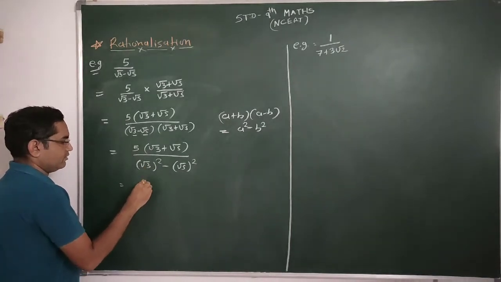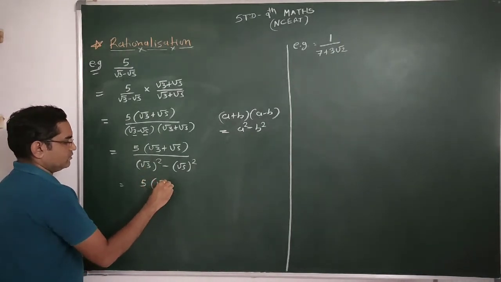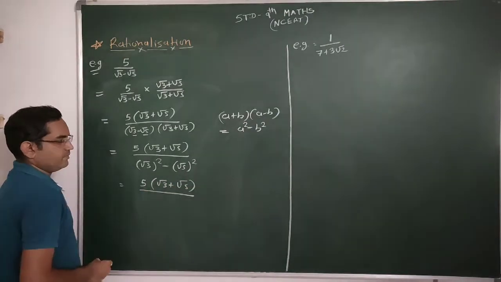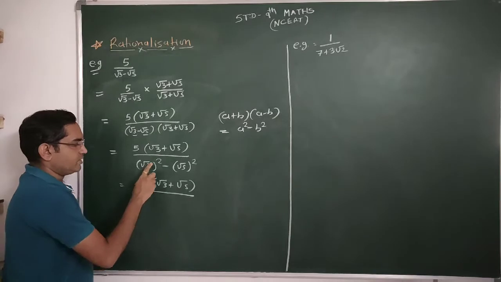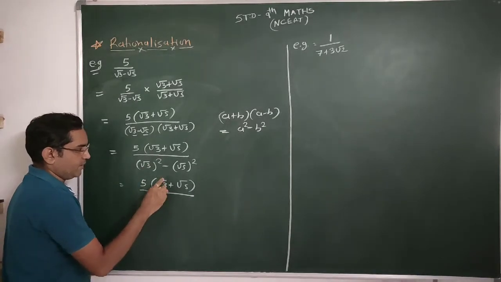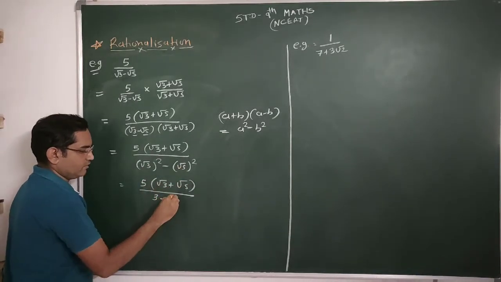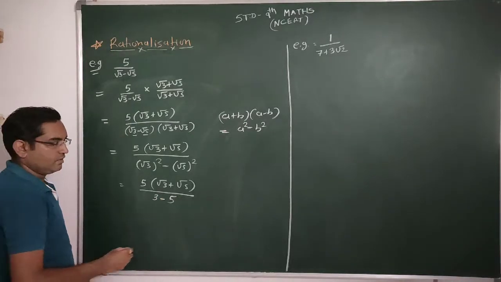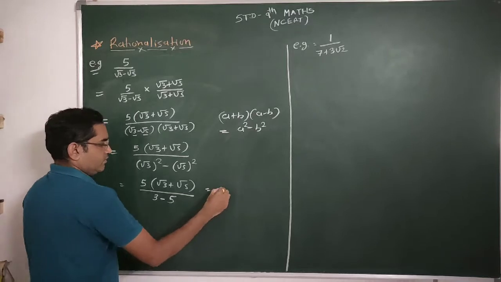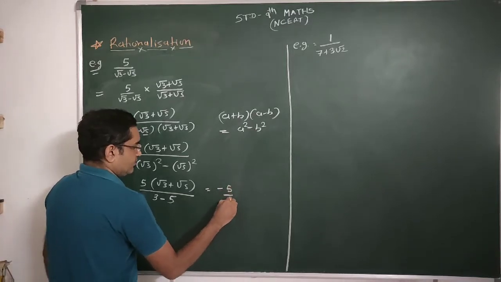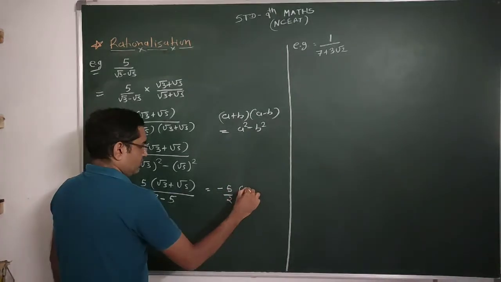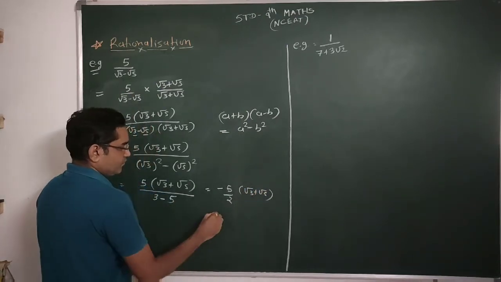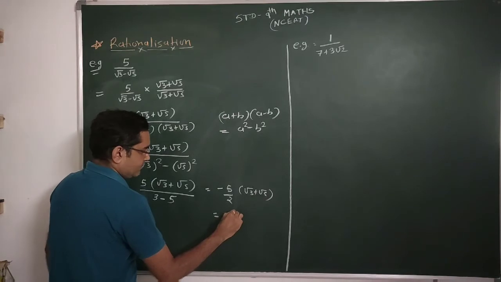Now the numerator is as it is, 5 into root 3 plus root 5. Simplification in the denominator: root 3 square, which is 3, minus root 5 square, which is 5. Now what is 3 minus 5? It is minus 2, very good. So it's minus 5 by 2 into root 3 plus root 5. Or you can also write it like this.